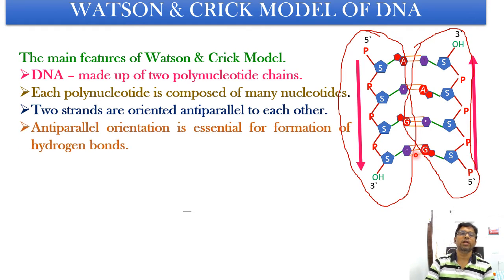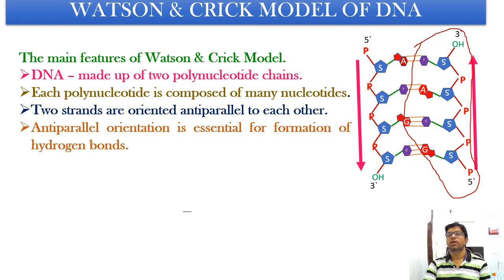And the fourth point is that anti-parallel orientation is essential for the formation of hydrogen bonds between the nitrogen bases of two opposite polynucleotide strands. If anti-parallel orientation is not there, it is not possible to form hydrogen bonds between the nitrogen bases of two opposite strands.